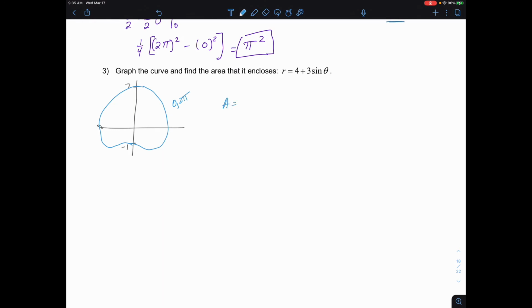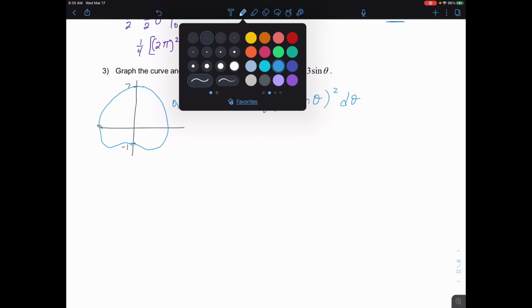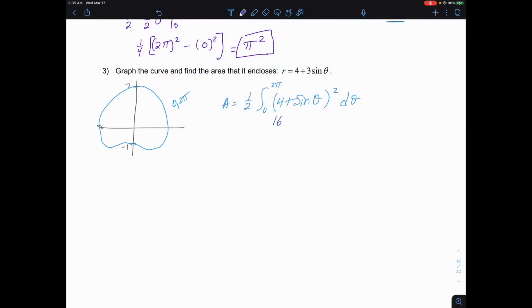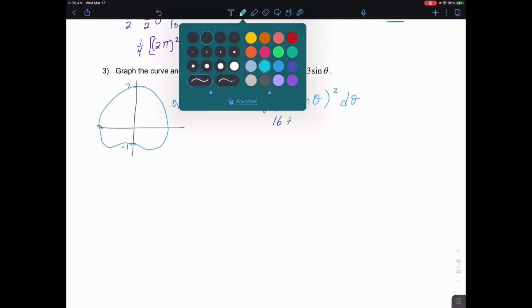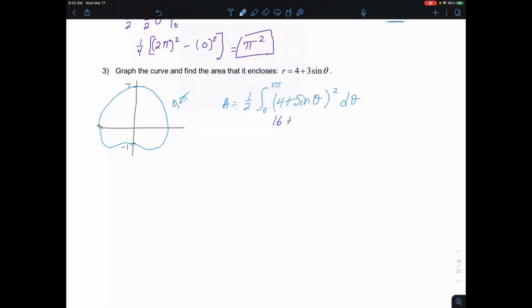So my area is equal to 1/2 the integral from 0 to 2 pi of 4 plus sine of theta squared d theta. So we're going to have to square that out and get 16 plus, I forgot my 3 on my sine. I knew I was missing something there.